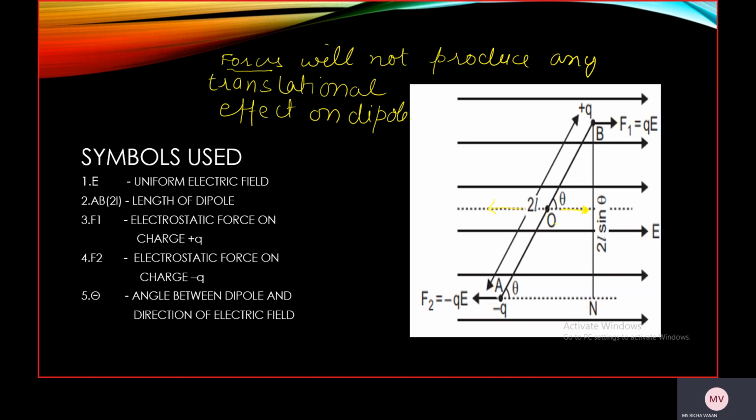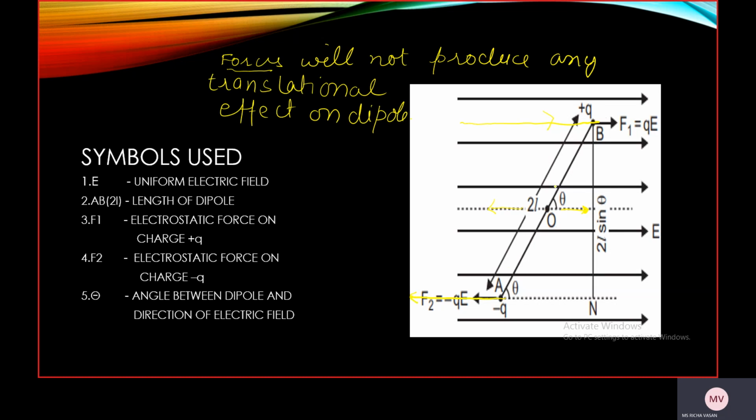Then what will happen? We can again see the diagram. These forces are equal and opposite, but their lines of action are totally different. One force is along this line of action and the other force is along this line of action.